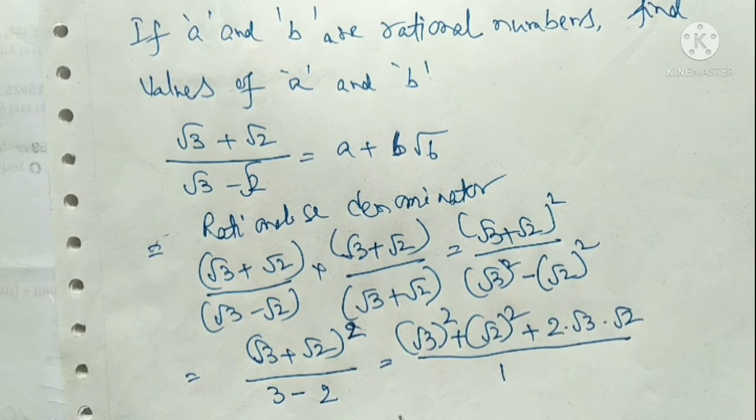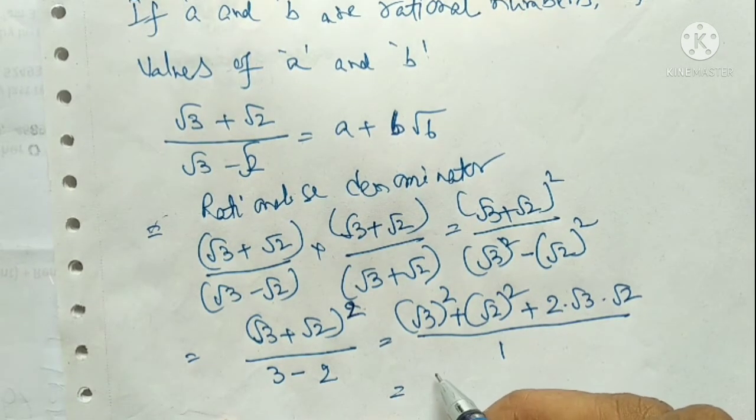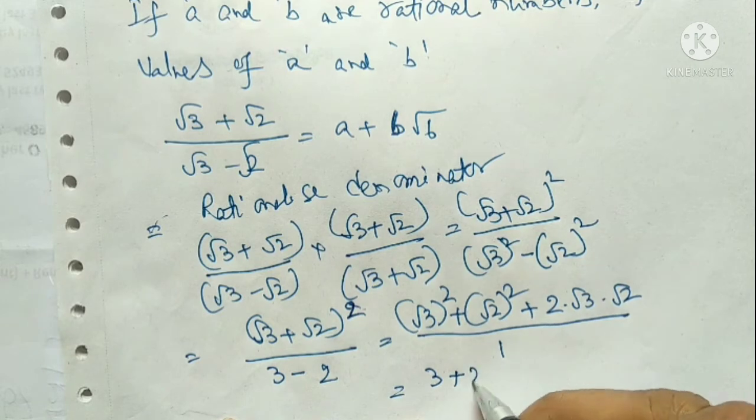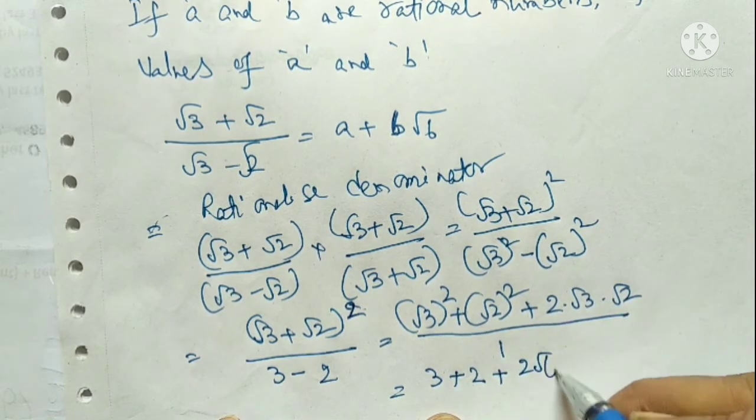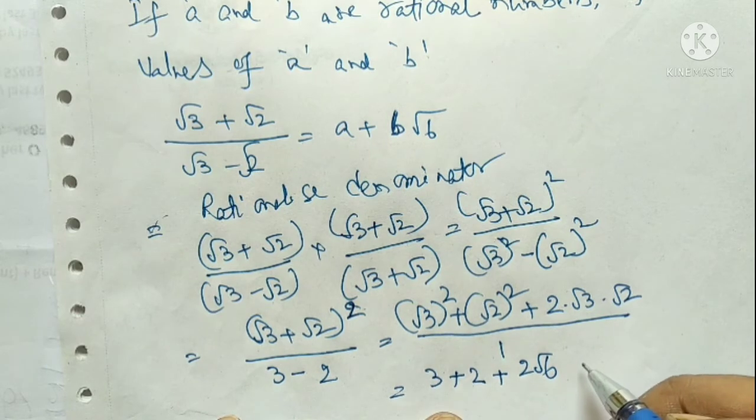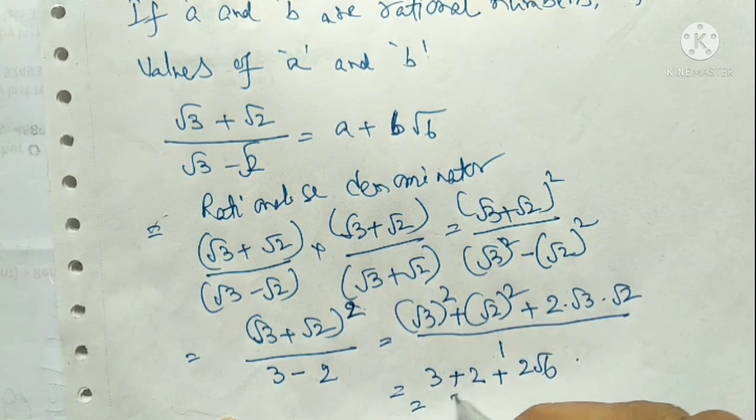Then its value will be root 3 square is 3 plus root 2 square is 2 plus 2 root 6. This is equal to 5 plus 2 root 6.